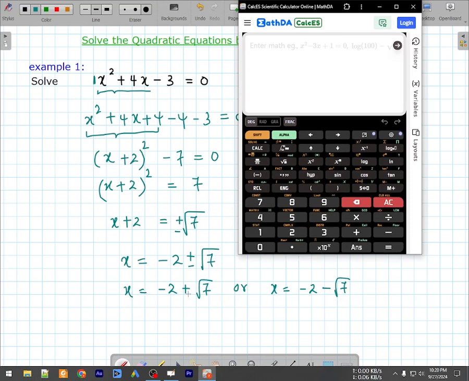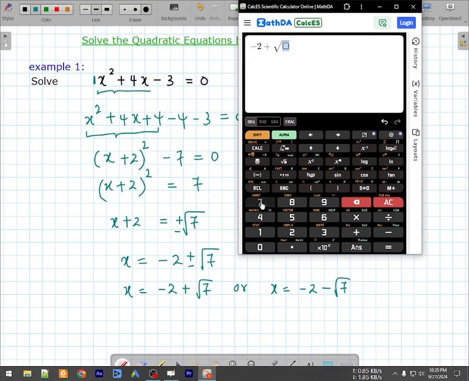When you put this into the calculator, minus 2 plus root 7 is 0.645. We have to write this to 2 dp, 2 decimal places, that is 0.64. After 4 it is 5, so we have to add 1 to 4, that is 0.65.